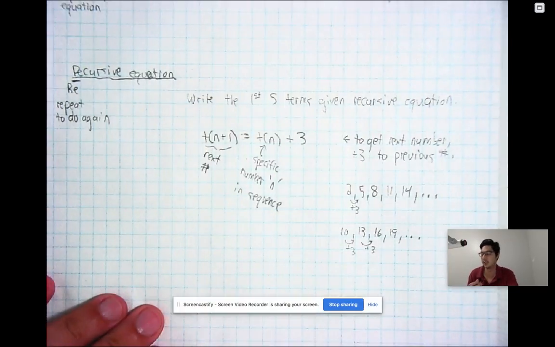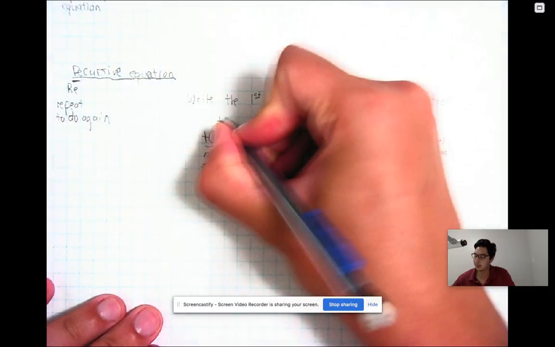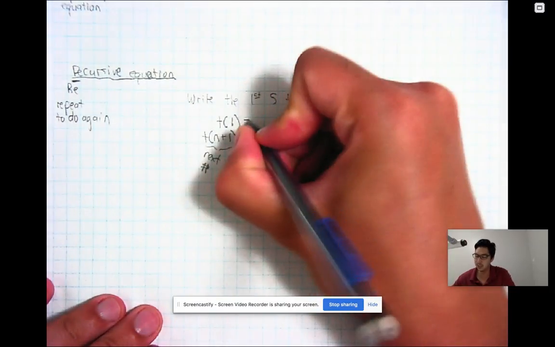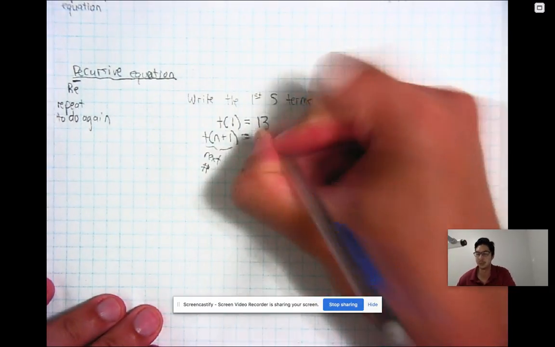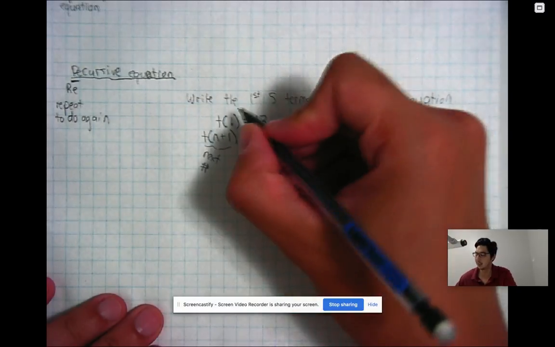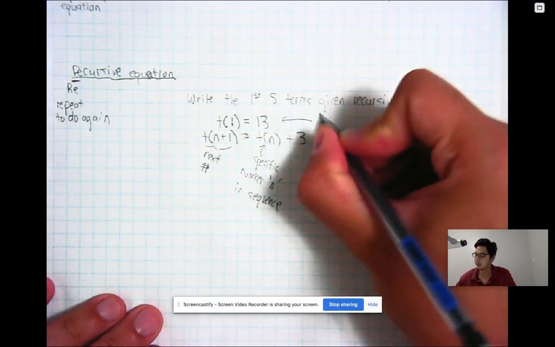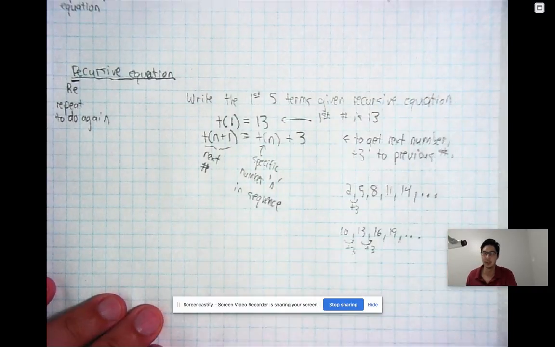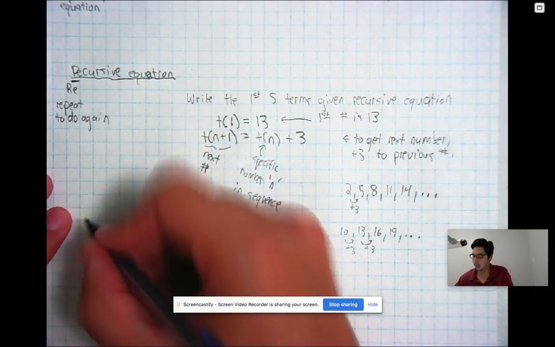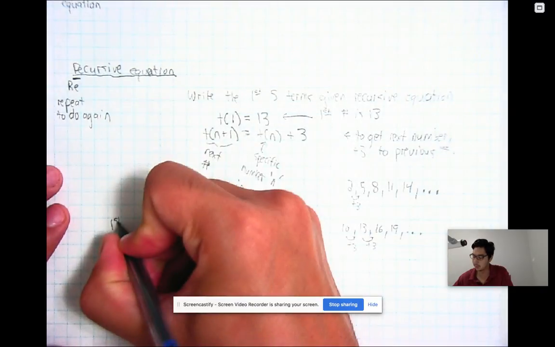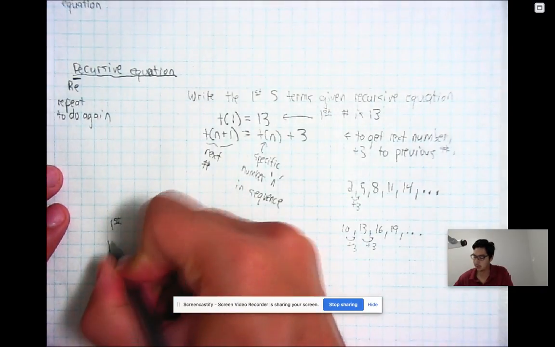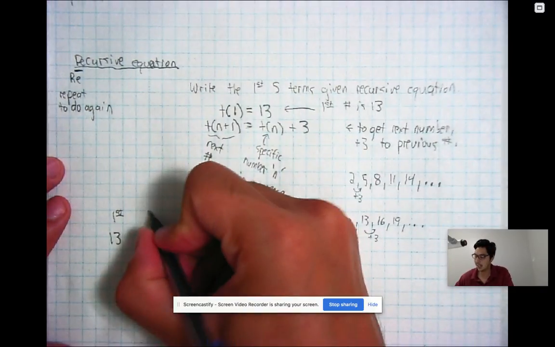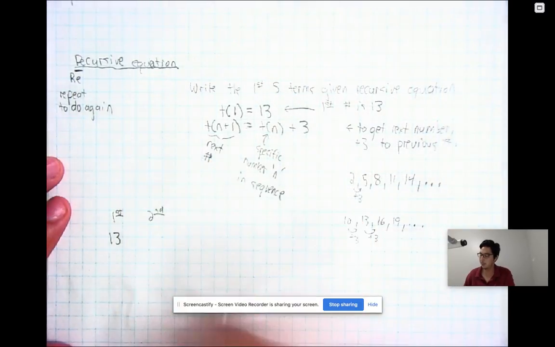So they always give you a second thing where they'll probably write something like this: t of 1 is equal to 13. That's telling us that the first number is 13. So then when we think about our sequence of numbers, the first number is 13. The second number, how do we know what it is? Well, we use this fact here.